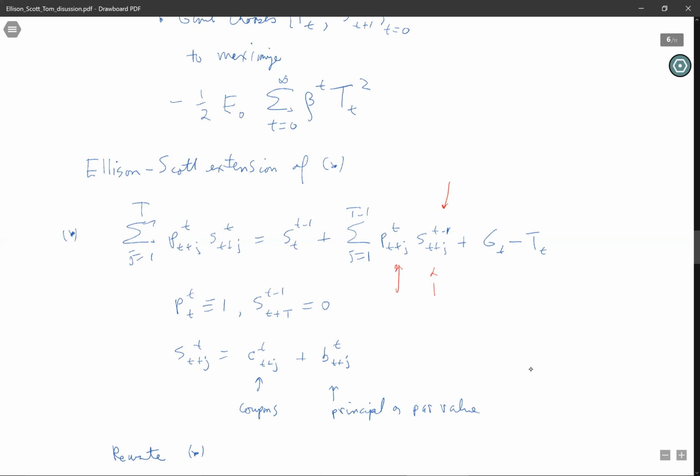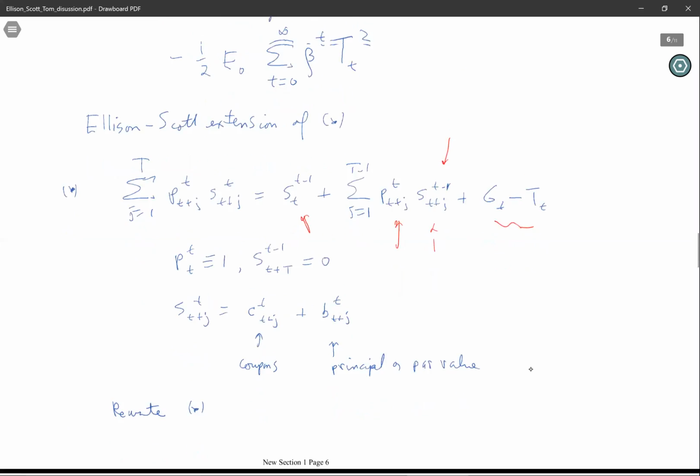Take price times quantity, that's the value of what I owe this period. I have to add this because p_t^t is 1. So this is what I owe on my debt this period. This is the additional amount, government expenditure. That's my deficit. And the value of debt that I issue today is going to have to equal that. That's the government budget constraint. We're abstracting from seigniorage, which would be important to add for certain countries in certain periods.